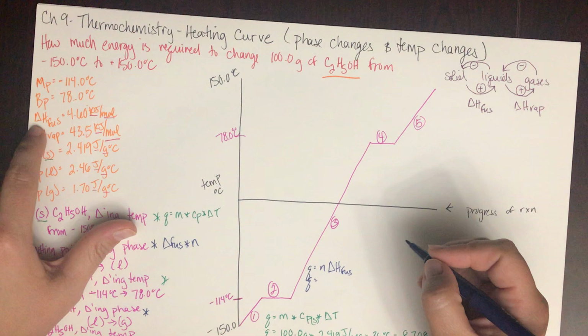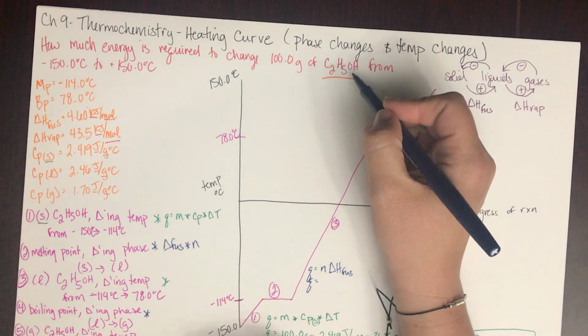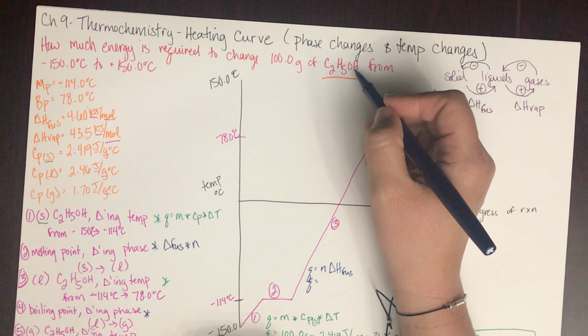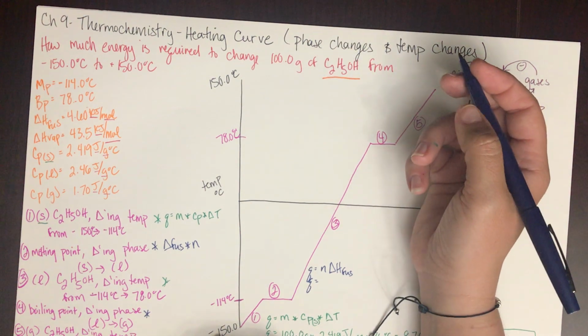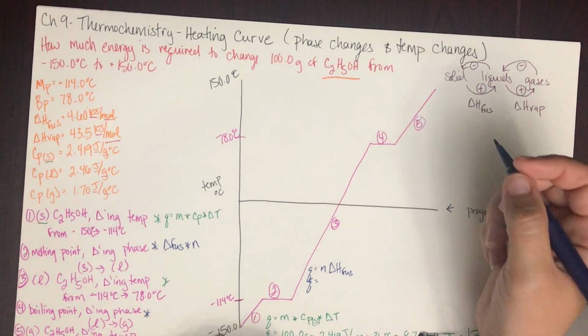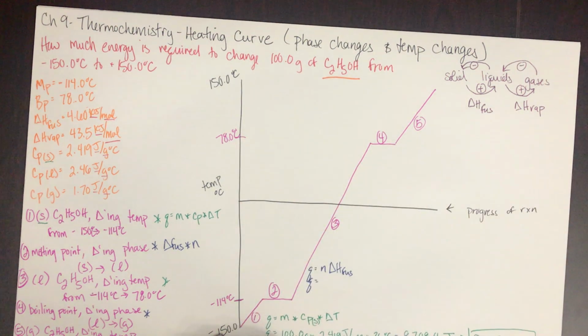Q equals n. So I converted 100.0 grams to moles. I used the molar mass of ethanol, which is 46.07 grams. You can calculate the molar mass of ethanol from the formula of ethanol. Then I used it to convert grams of ethanol to moles of ethanol, and I calculated that there are 2.171 moles of ethanol in 100 grams of ethanol. So this is an important step.